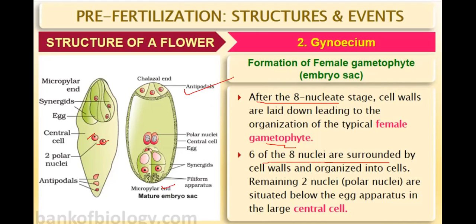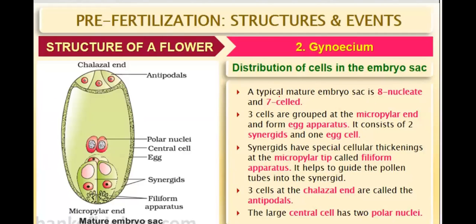Towards the micropylar end, there are 2 synergids and 1 egg cell. And then in the center there are the polar nuclei. So the mature embryo sac has how many nuclei? A typical mature embryo sac is 8-nucleate and 7-celled.